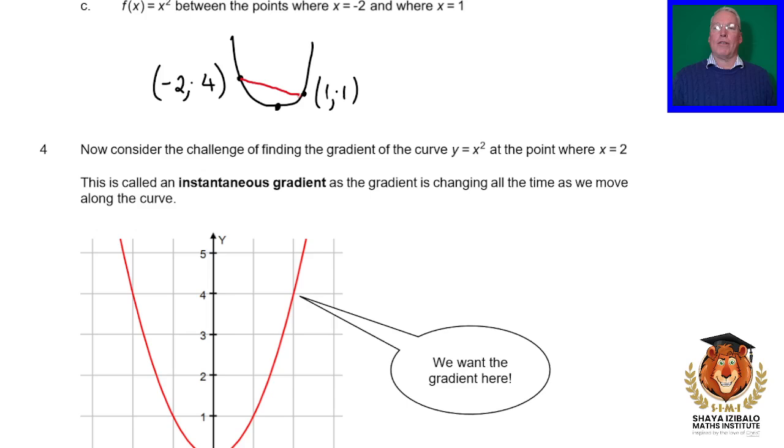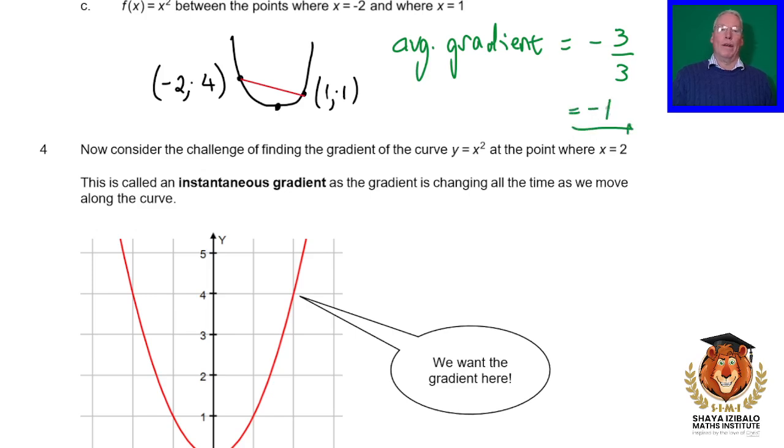And that's the average gradient of that graph between those 2 values. Let's see what's happening here. We've dropped down by 3, and we've run across by 3. So in fact, -1 is our average gradient.